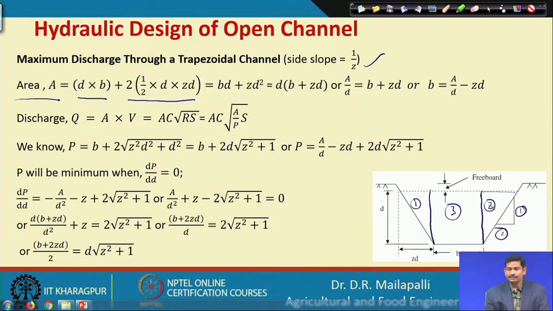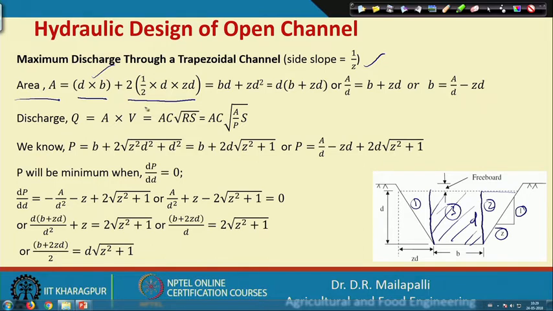Combining these three you get the area of cross section. The first one is D into B, this part. And then half D into ZD. There are two triangles, that is why the 2.